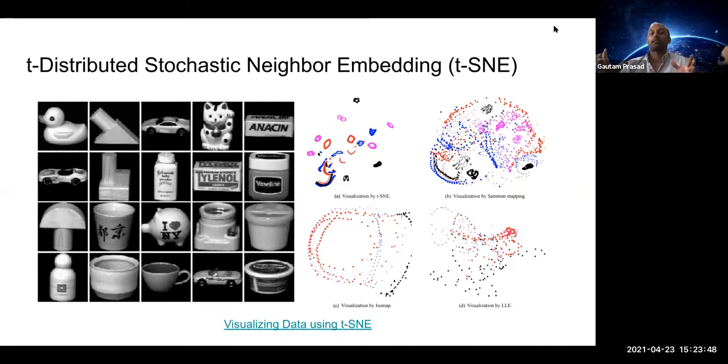But at a high level, let's look at this example, where on the left, we have a bunch of images, and we want to understand the relationship of these images to one another in a space that our brains can comprehend. So on the right are 2D representations of the relationship between these images. And on A, we can see the visualization from TSNE, where there are these very tight clusters that represent certain subtypes of these objects.